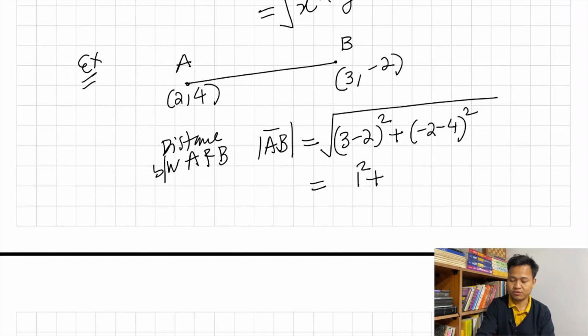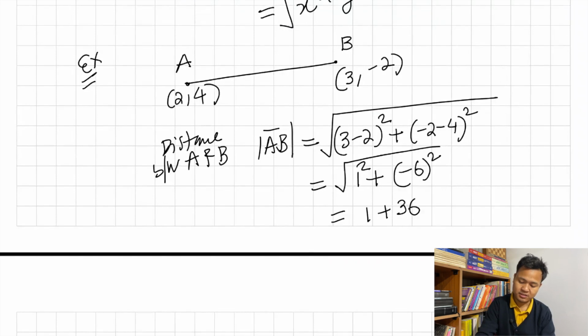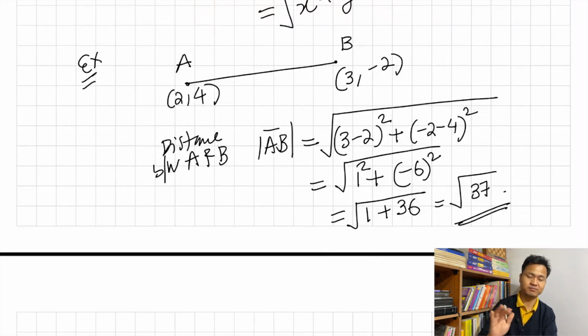Minus 2 minus 4 is minus 6, minus 6 whole square is 36. So that is 1 plus 36 under root, which is root 37. One simple application of the distance formula.